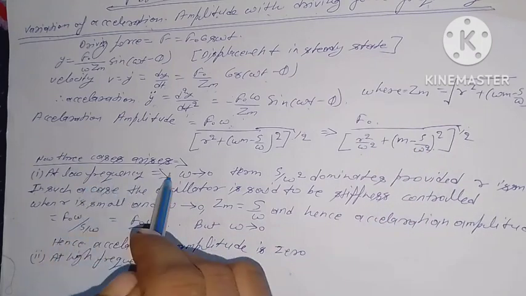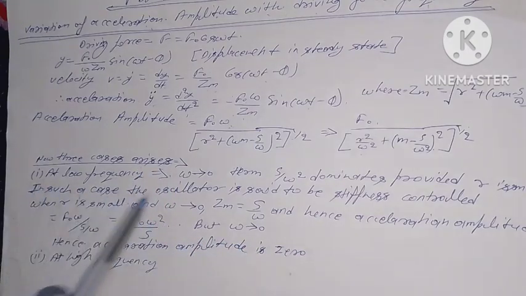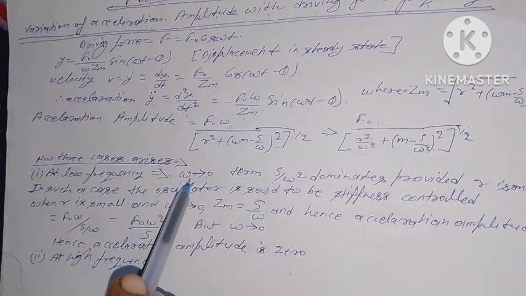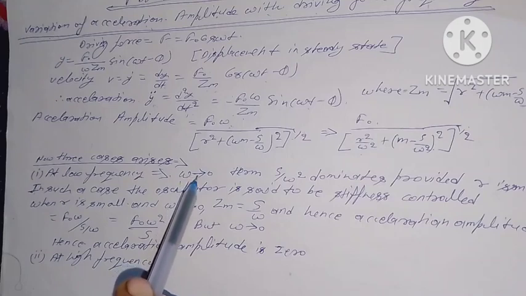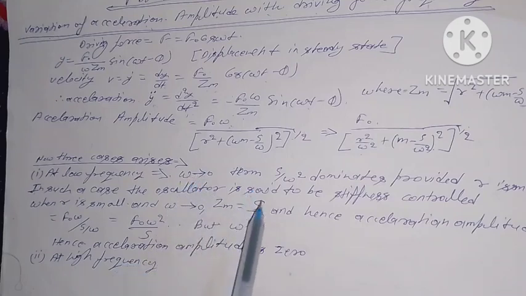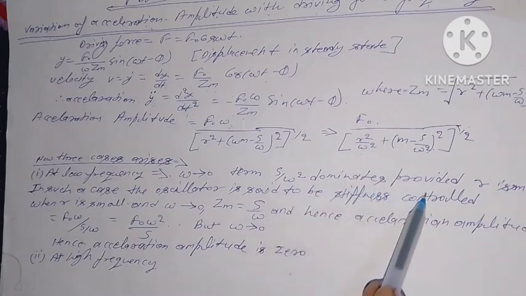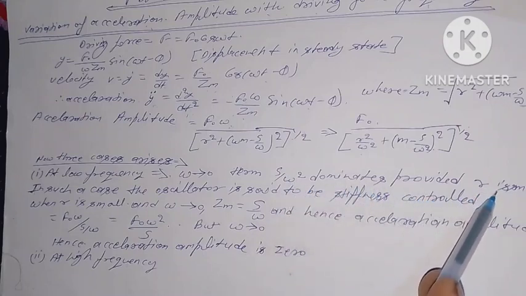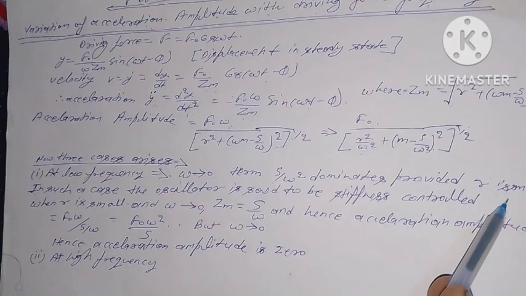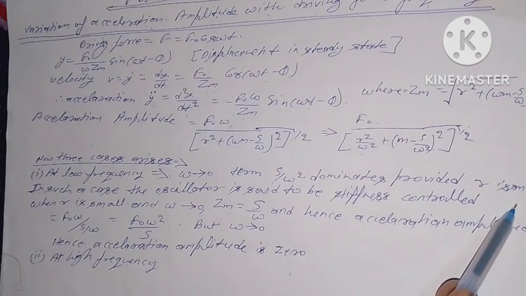Now three cases arise. At low frequency, omega tends to 0, therefore the term s by omega square dominates, provided r is small. In such a case, the oscillator is said to be stiffness controlled.